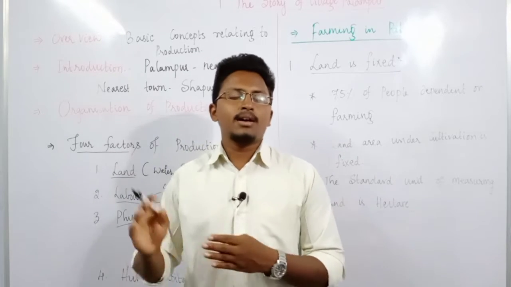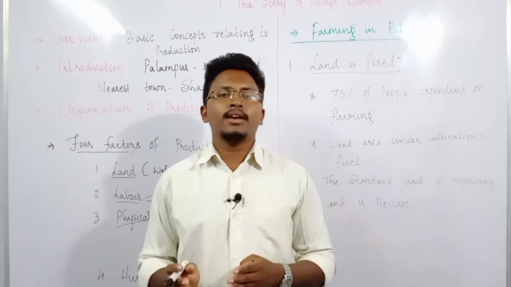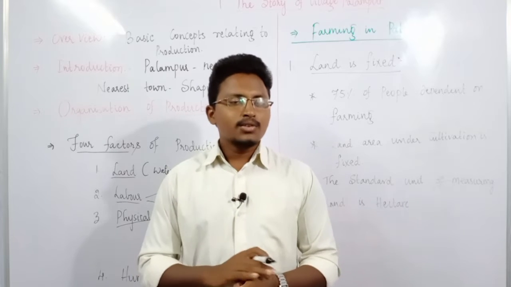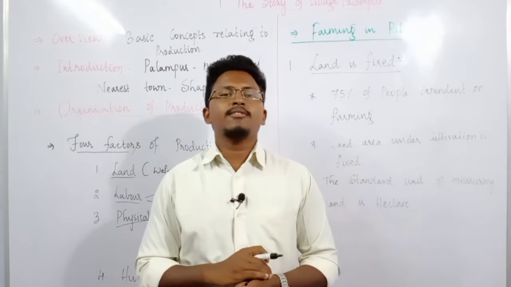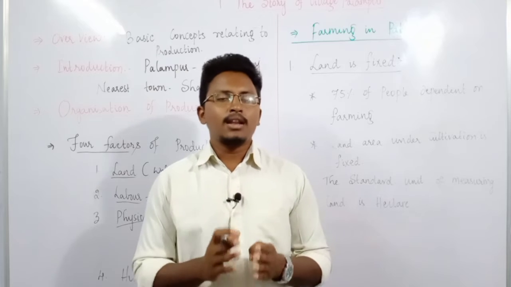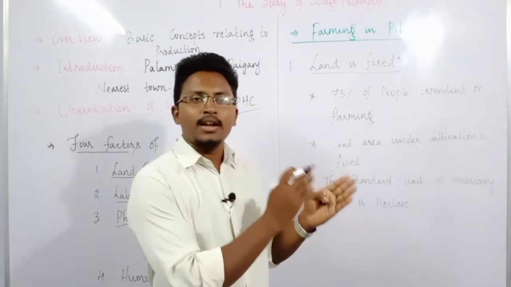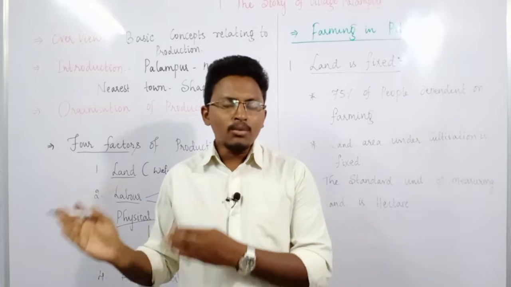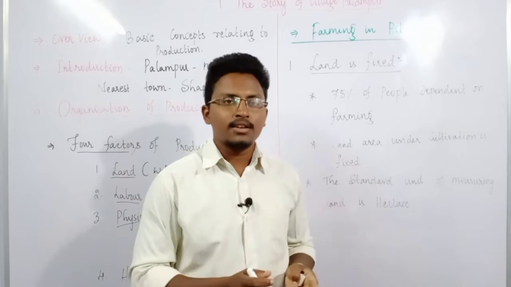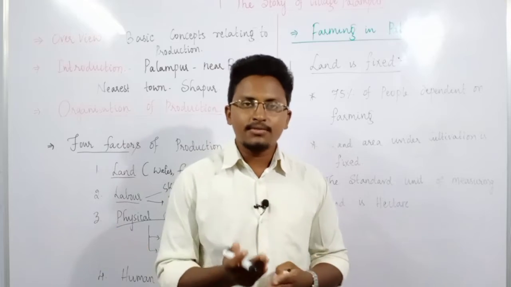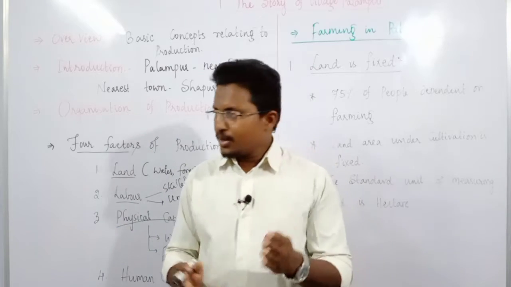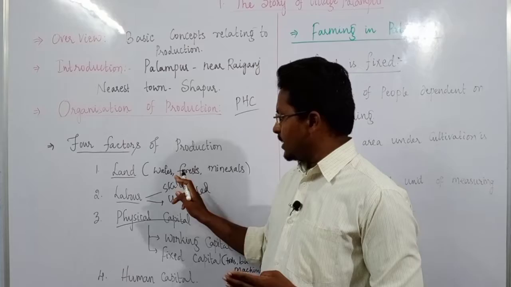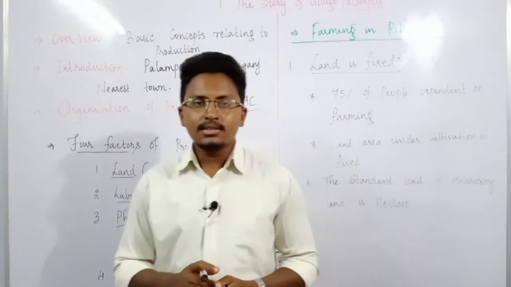At the same time, unskilled means those who are not well educated or well trained. In any production process, we require mainly 2 types of labor. One is those who are well educated, who have knowledge, and those who do not have proper knowledge, but their effort is required in the production process. That is why we have classified labor into 2 types. One is skilled labor, the second one is unskilled labor.